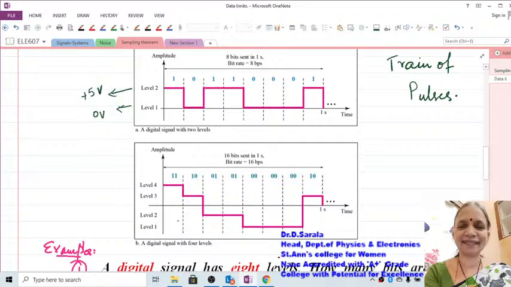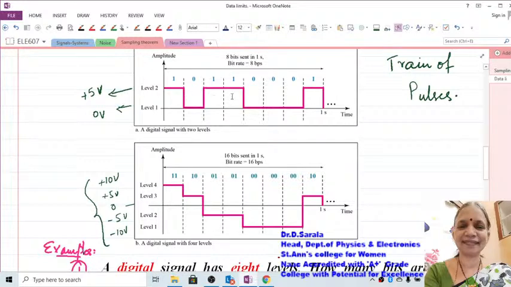Whereas here you have this 0 level, 1, 2 on the negative side, 1, 2 on the positive side. Maybe this can be attributed to plus 5, plus 10, or minus 5 and minus 10. This is only arbitrary. It need not be the same throughout. So here 8 bits are sent in 1 second.